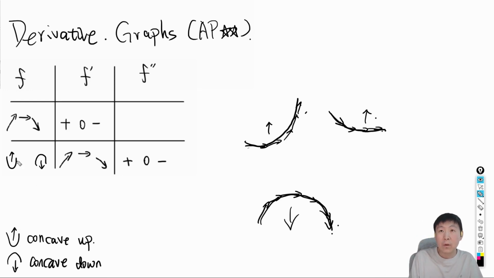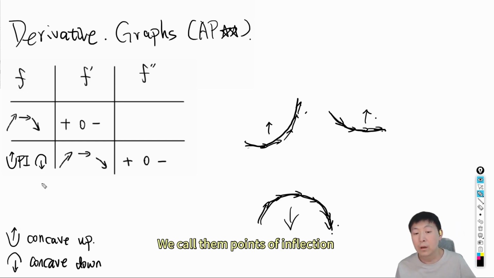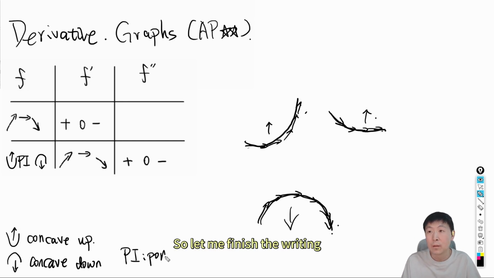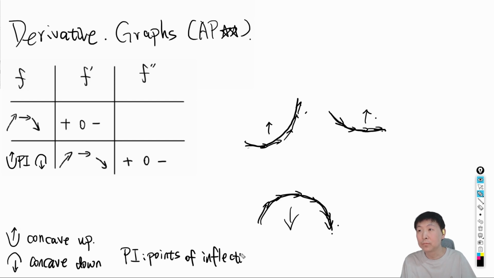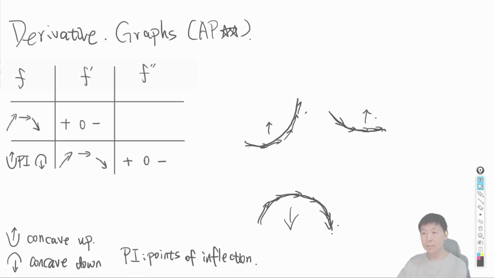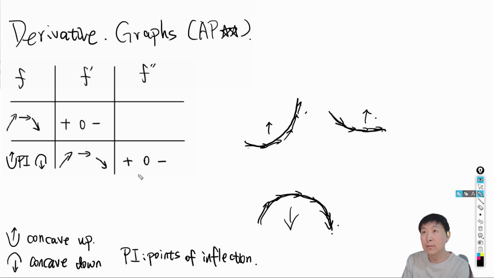At last, the points where f changes concavity, we call points of inflection. Let me finish the writing. Points of inflection. You've got the decoder written. Please ignore this cell in the table. My apologies to my OCD friends.